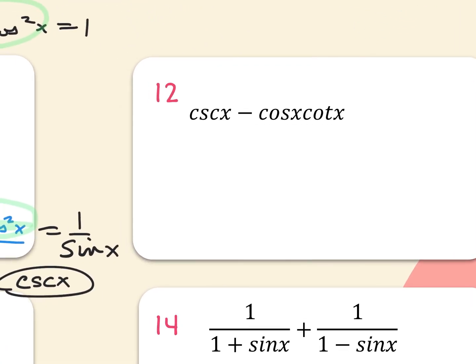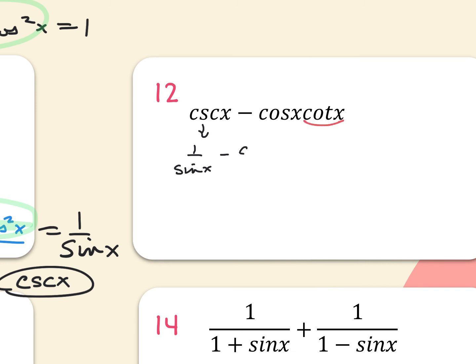Again, there's no GCF that I can factor out here. So what I'm going to be using is, again, quotient identities and reciprocal identities. So I can go ahead and change cosecant into its reciprocal, which is 1 over sine x. And then I'm going to turn the cotangent into its reciprocal.